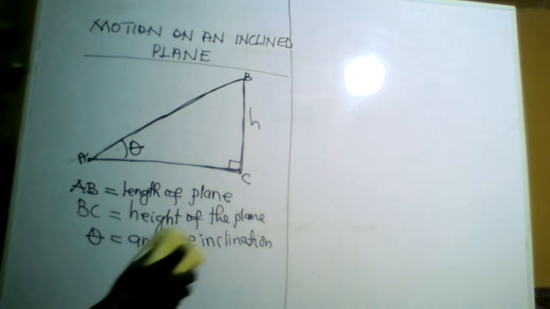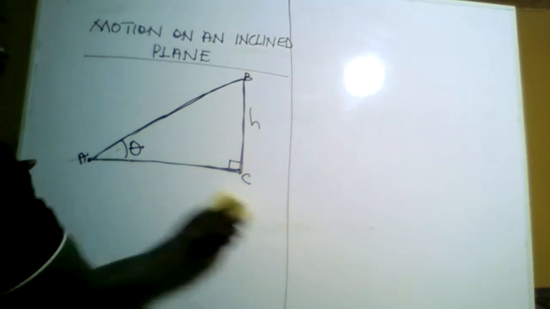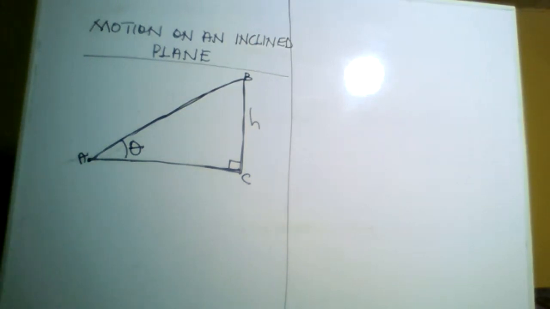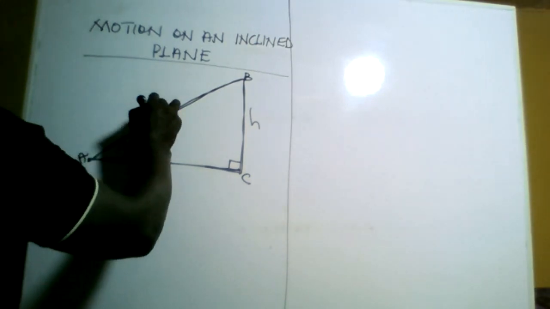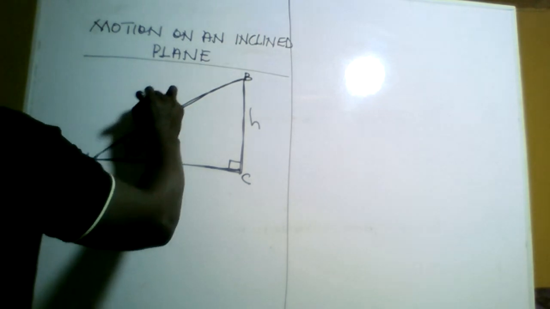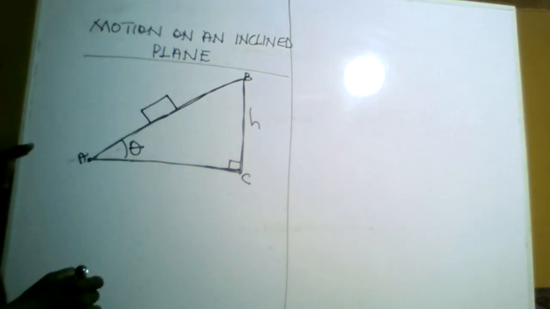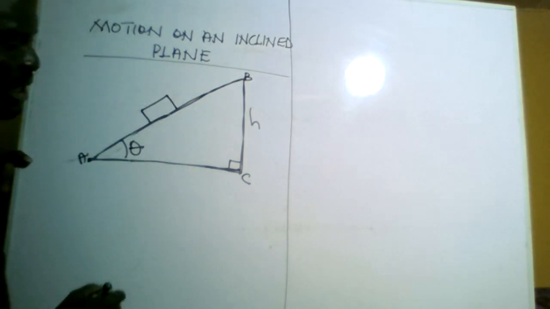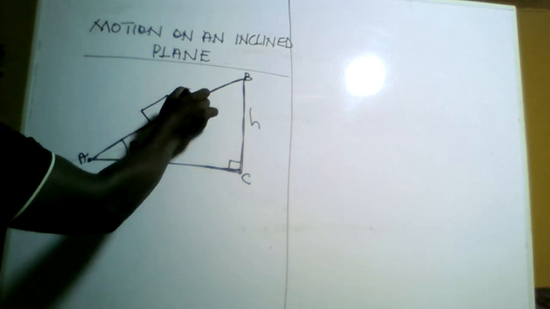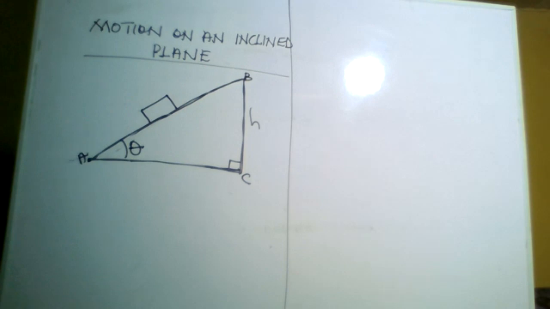Now, let's analyze the inclined plane. On an inclined plane, whenever you put a body on it, if the surface is frictionless, it always slides down the plane, or the body always rolls down the plane.